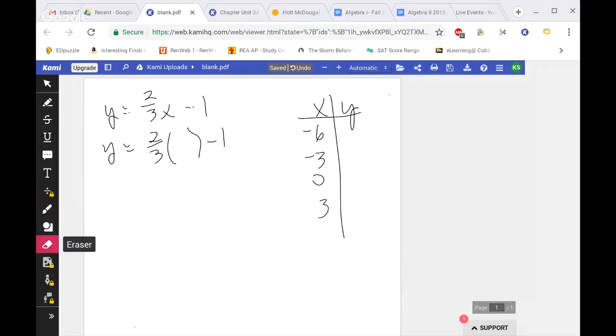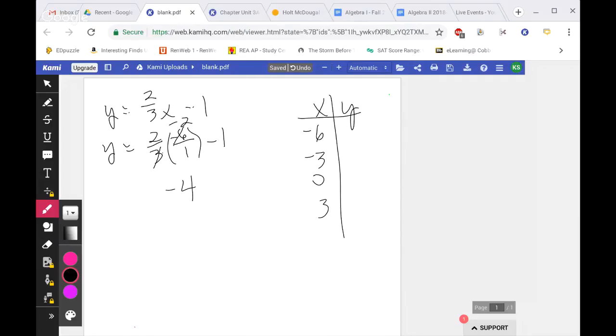Let me write that, because when I write it, it looks a little clearer if we're writing it as -6/1 when we're dealing with the fractions. And -6/1 is the exact same thing as -6. So we're going to simplify before we multiply. So 2 times -2 is -4/1, which is still -4, minus 1. So that's -5. So the y value is -5 for the -6.